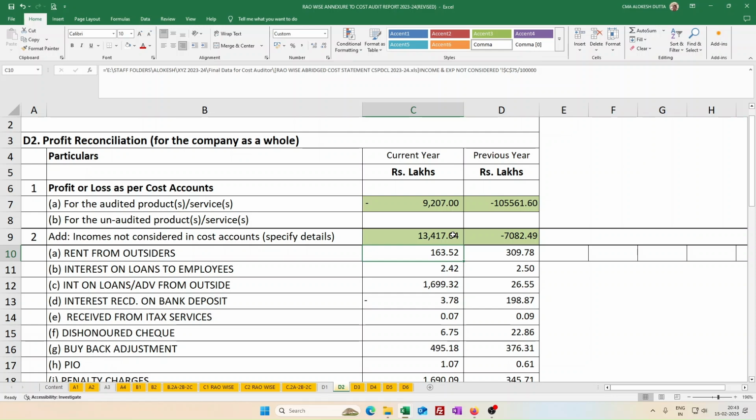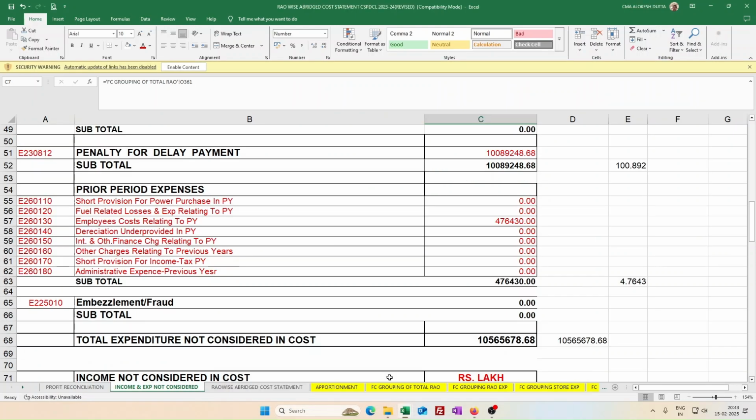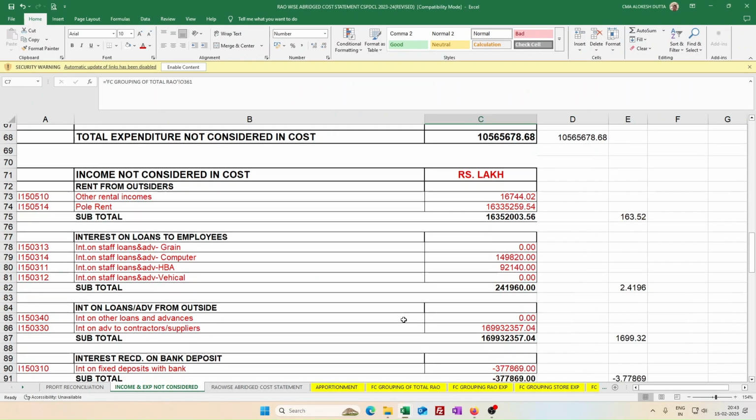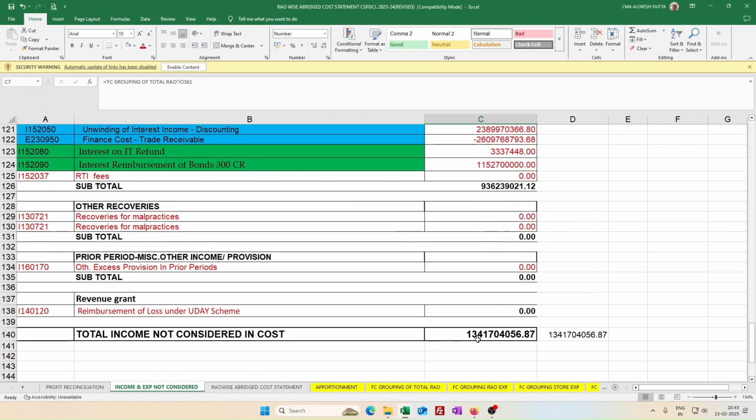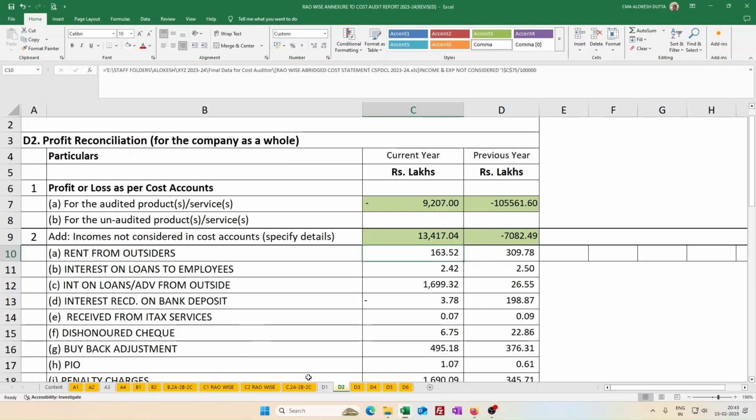Sorry, and income not considered, 13417.04. Exactly this figure is coming here.